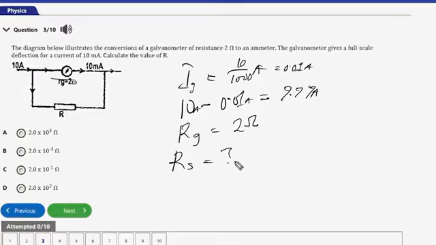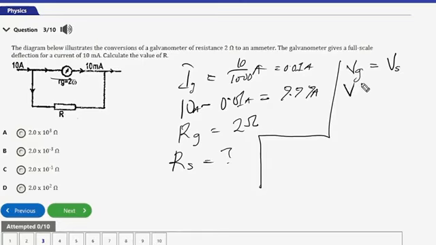That's the resistance we are looking for, the resistance of the shunt. We already know that the voltage in the galvanometer will be equal to the voltage in the shunt. Recall that V is equal to IR.